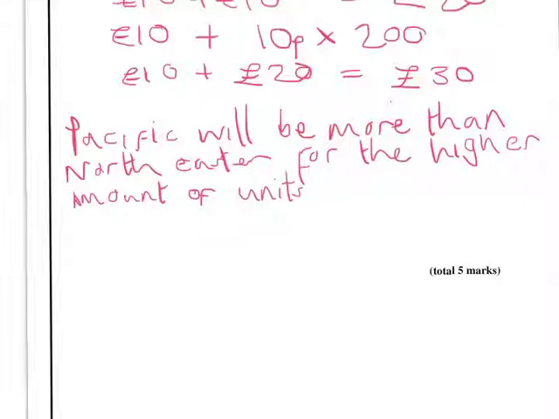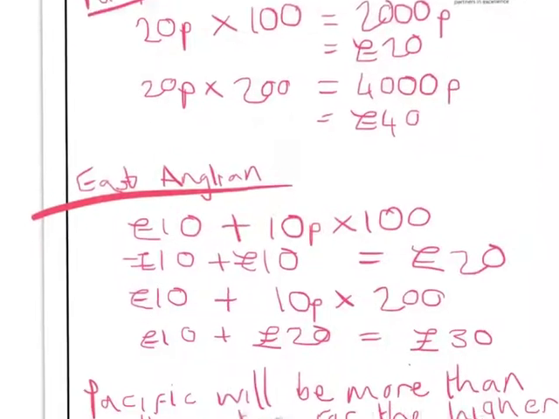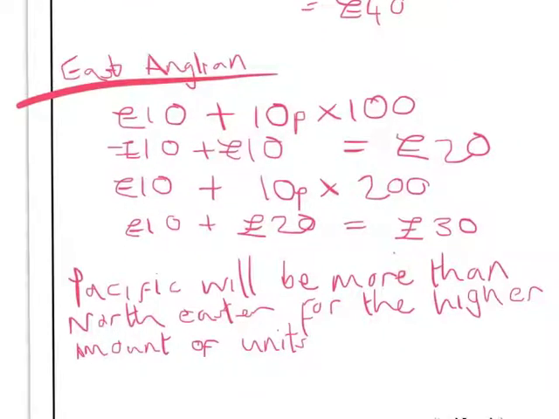So if we compare the North Eastern company, North Eastern are £30 standing, but East Anglian will be less than £30 for anything under 200 units.